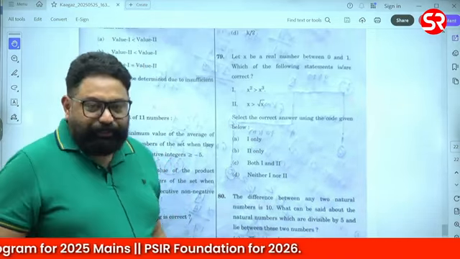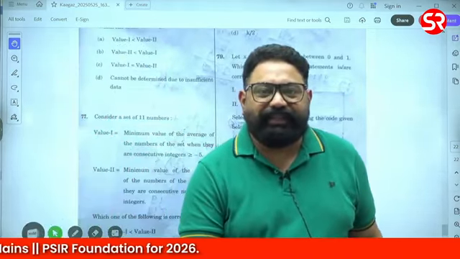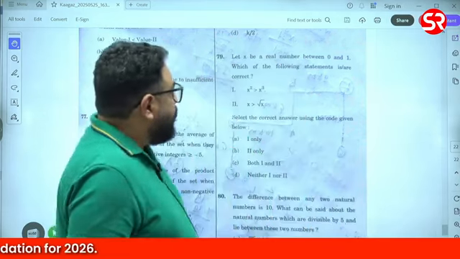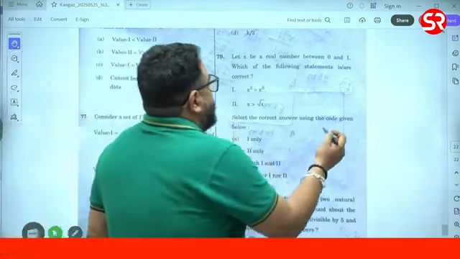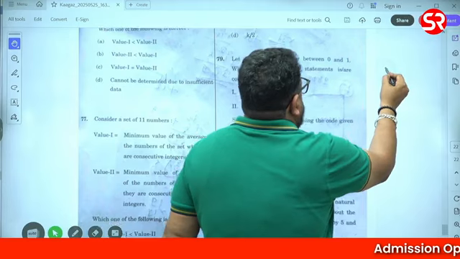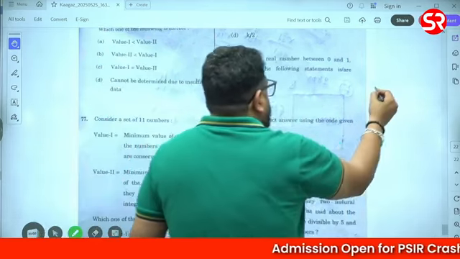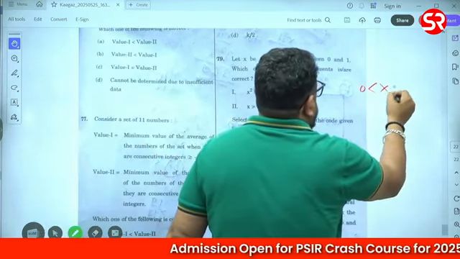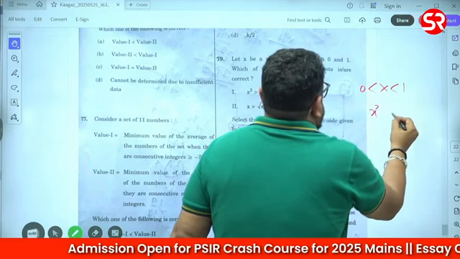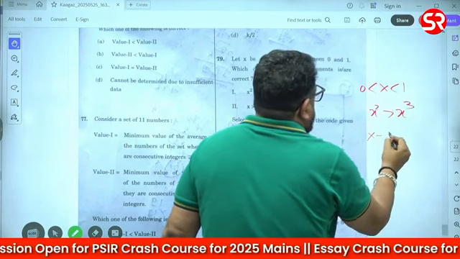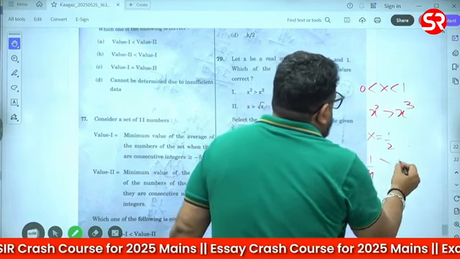A number x lies between 0 and 1. Guys, a number x lies between 0 and 1. So which of the following statements is correct? If x lies between 0 and 1, then x square is greater than x cube. Take 1 by 2. So 1 by 4 is greater than 1 by 8.